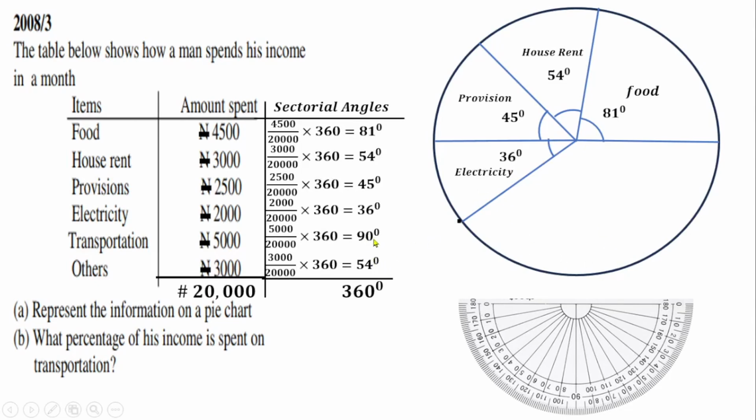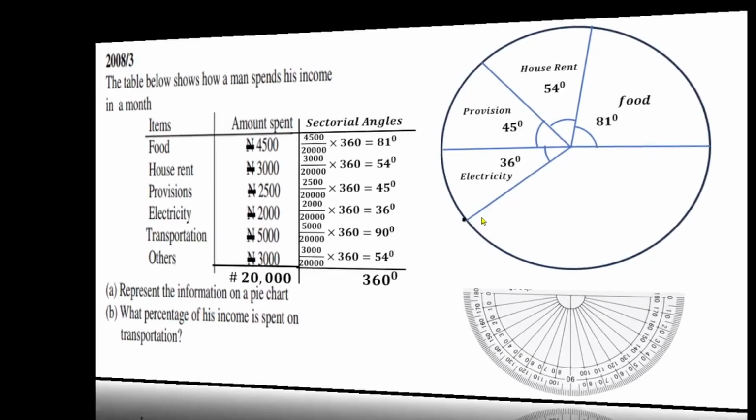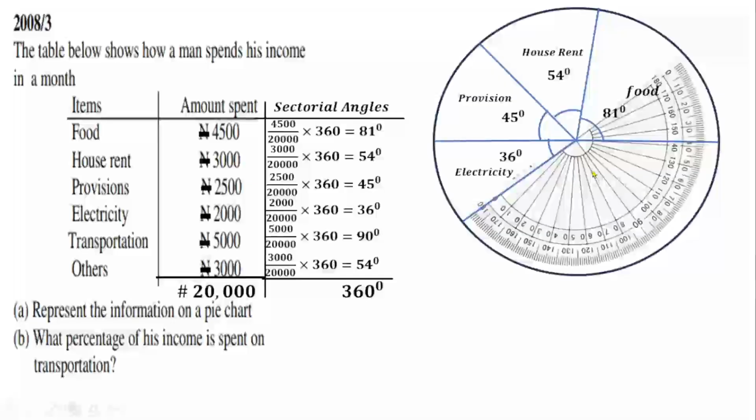The next one is transportation, which is angle 90 degrees. So my protractor will be placed back here, and the origin will be this radius. So we'll be having something like this. Place my protractor. As you can see now, it is well placed and the center is minded, and the radius is on the black line, which is the origin.